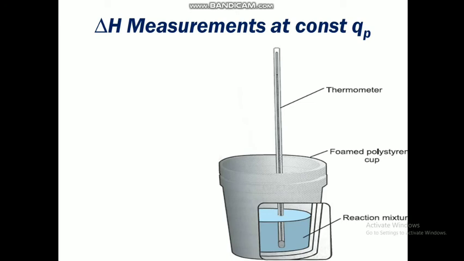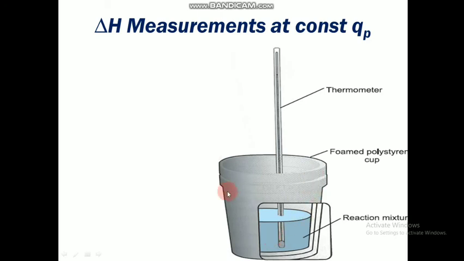All those apparatus were needed because we were keeping the volume constant. But in this case we are not bothered about the volume. We are just keeping the atmospheric pressure constant and measuring the heat exchange in the reaction mixture with a thermometer.